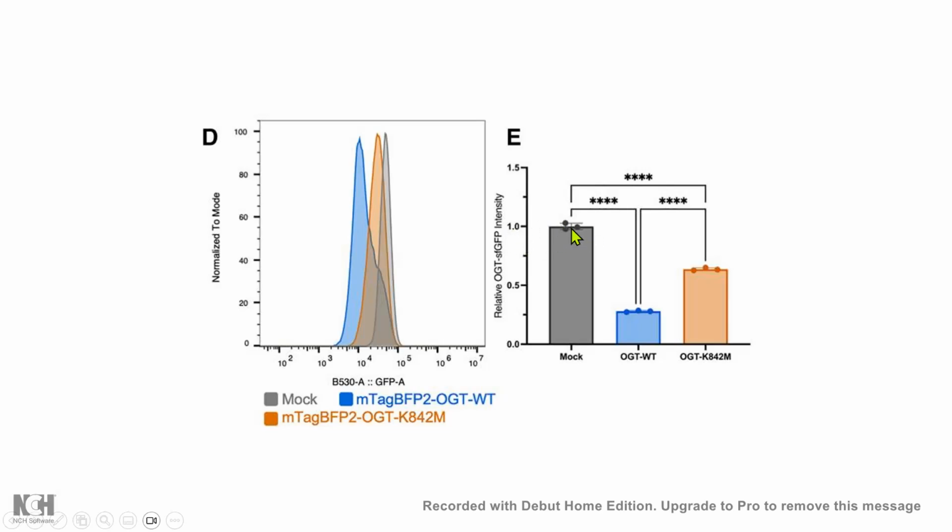But if you provide loads of OGT wild type, down goes your OGT level. But if you provide the catalytically inactive, it still goes down, which is a little bit puzzling, but the point is it goes down significantly less. So this gives you a response curve almost: that's if the introduced protein is completely wild type, that's if it's inert. So now you have your 1 and 0 benchmark.